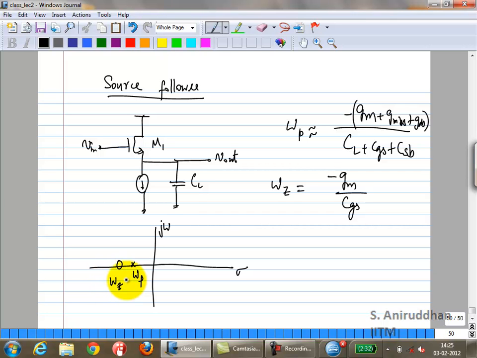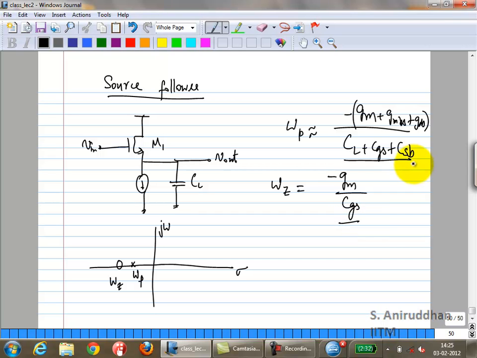If you compare these two numbers, omega p and omega z, you can clearly see from the denominator, the numerator is almost the same for both. Maybe one is GM, the other is 1.1 GM, maybe 1.2 GM. That's fine.